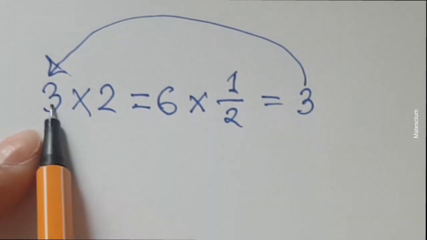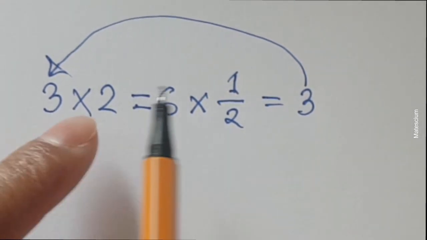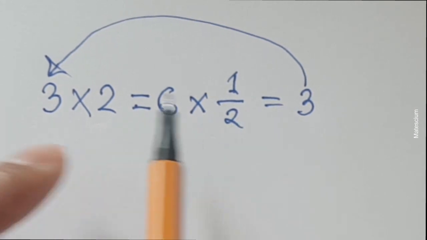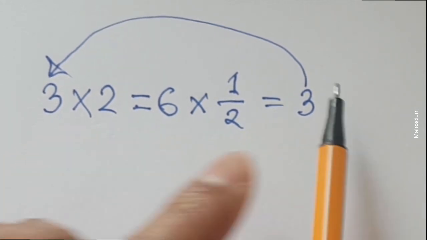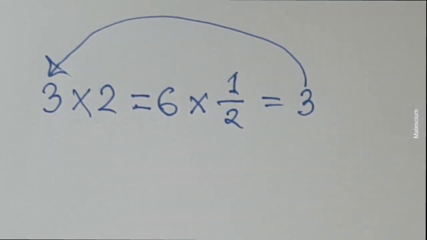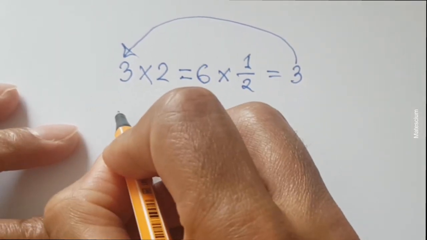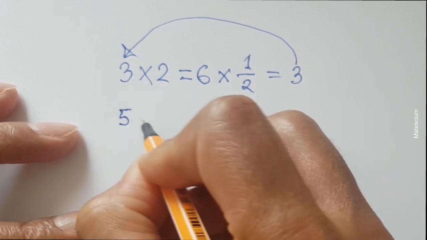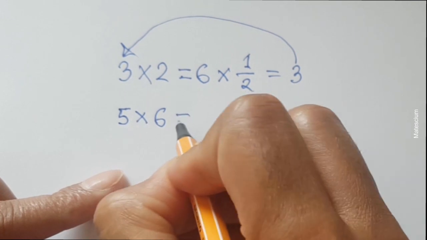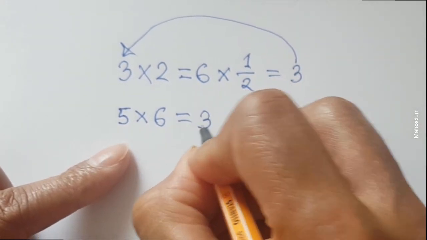Again, any number multiplied by a given number gives a result, and if this result is multiplied by the inverse of the given number, the result will be the initial number. This is interesting, right? Let's try another way. Let's say 5, any random number, is multiplied by a given number, let's say 6. 5 times 6 is 30.